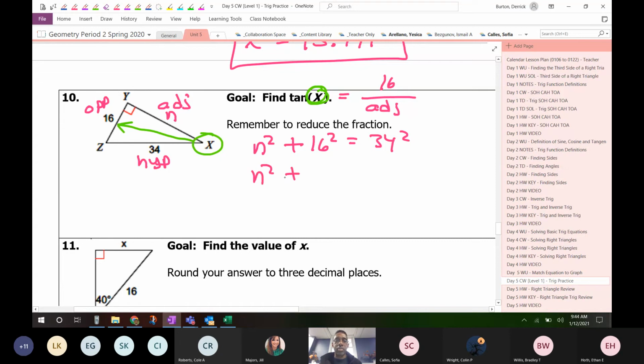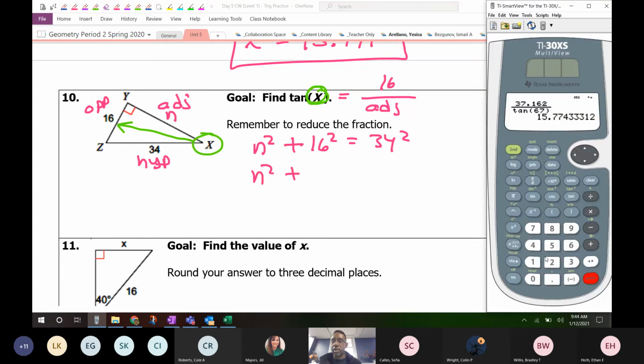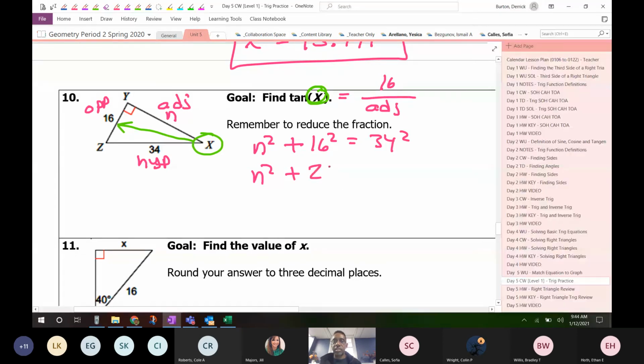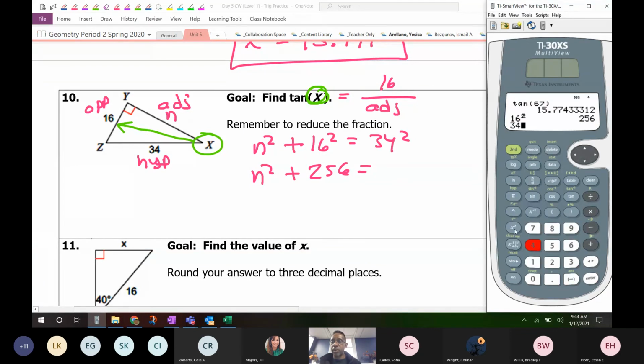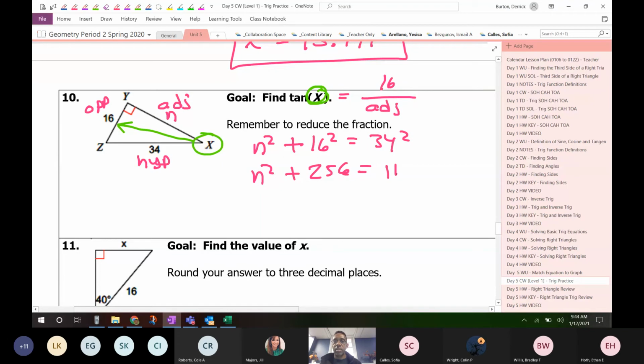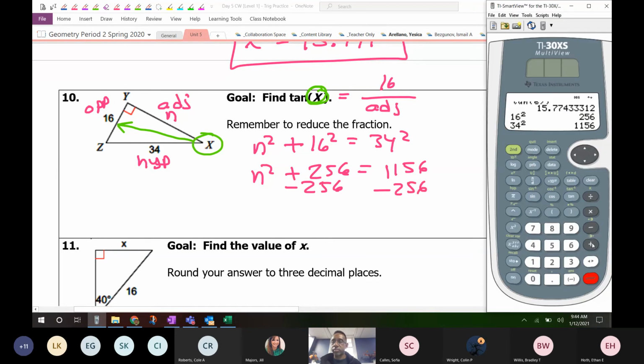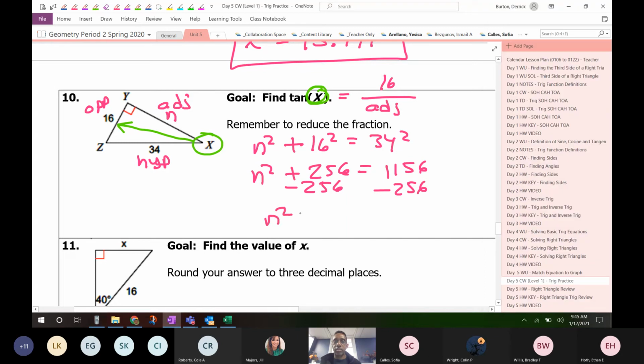So that'll be n squared plus 16 squared, which is 256, equal to 34 squared, which is 1156. Subtract 256. That's 900.